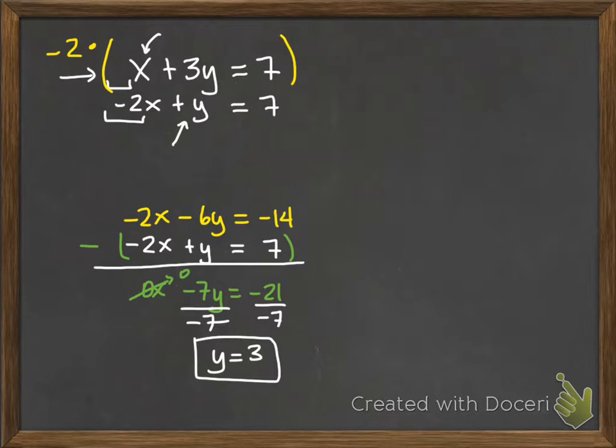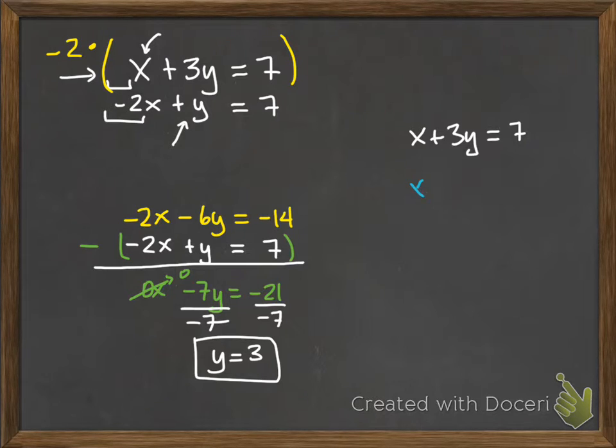Okay, we're almost there. All that we have left is we just need to plug that into an original one. Let's plug it into the first one because that's the simplest. So the simplest is x plus 3y equals 7. We know our y, so we're looking for our x.